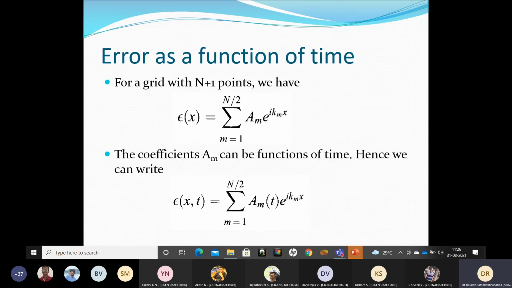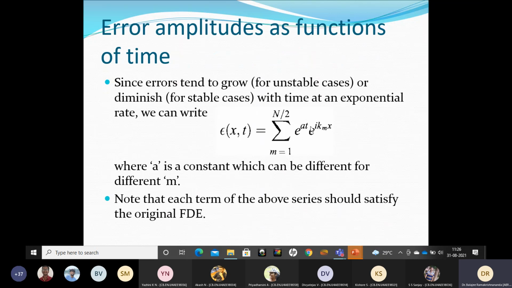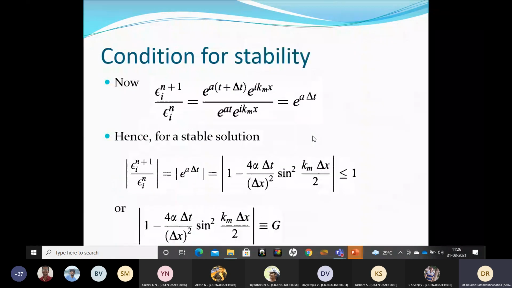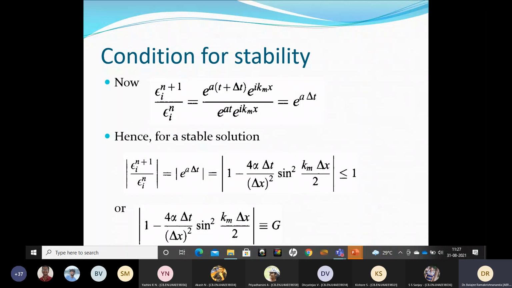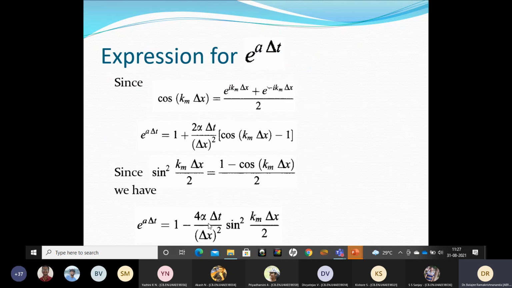Instead of t, you put t plus delta t, you will get e power a into t plus delta t. When you divide by the earlier term, what will remain is e power a into delta t. Now we have seen that this is nothing but 1 minus 4 alpha delta t by delta x squared into sin squared km delta x by 2.